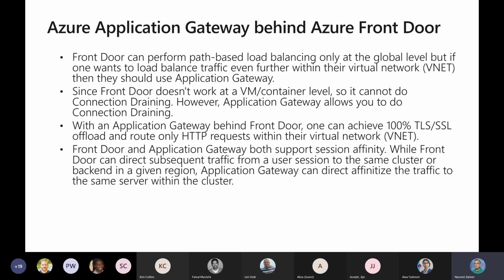They had some IoT devices which were IPv6, and they wanted to make sure that this translation happens, and that's why they went with front door. So yeah, that's a good point. Thank you for bringing it up.